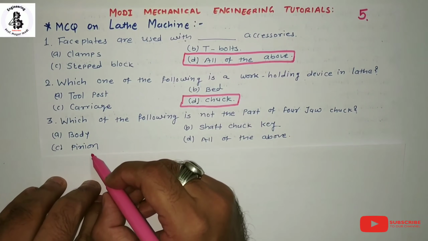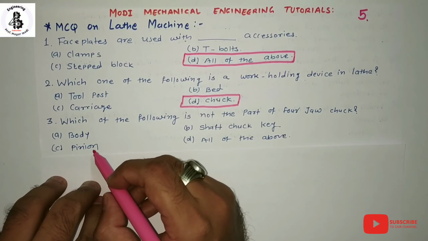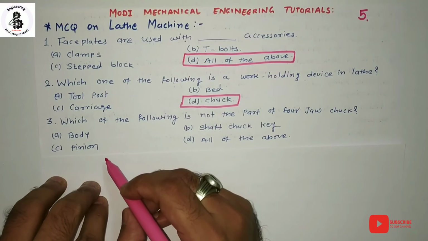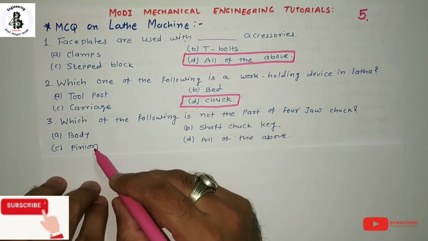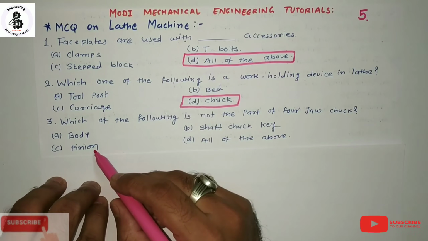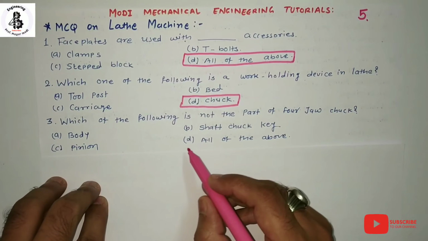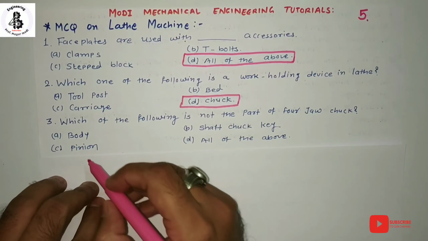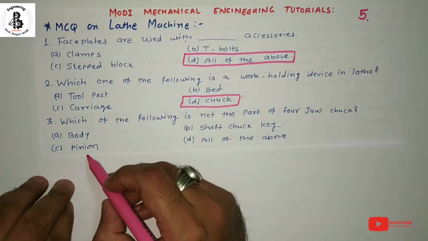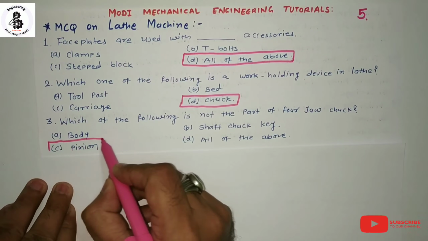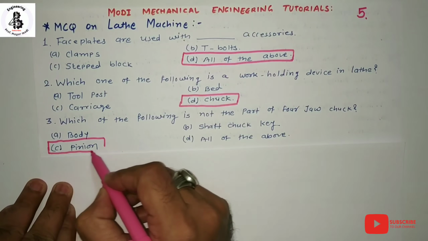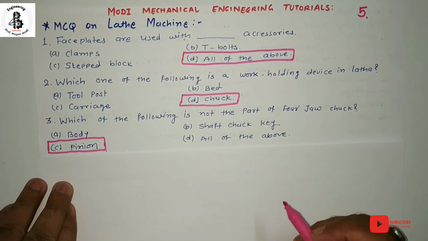C, pinion. Pinion and back gear mechanisms are used in the headstock, so that is not a part of a four-jaw chuck. So the right answer is C, pinion. Then next question.